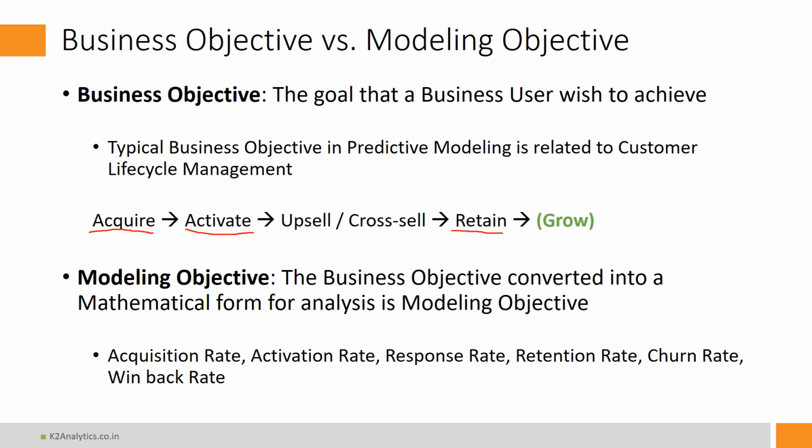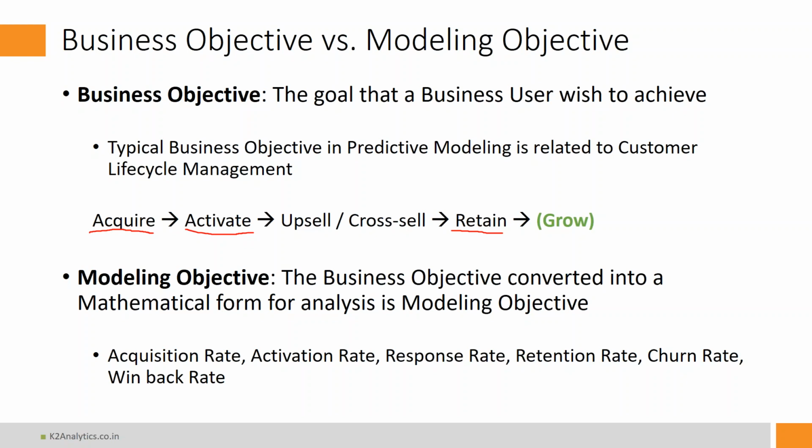For 3-6 months I don't use it. As a user, don't I need telecom services? I need them, but I'm carrying that number only as an emergency number and using someone else's number, some other service provider, which means I have churned. So churn can also mean absence of usage.